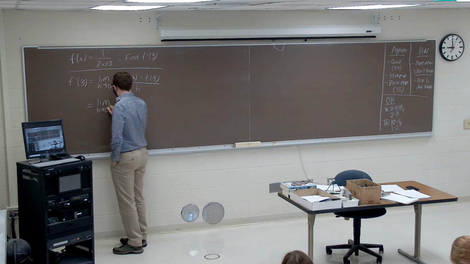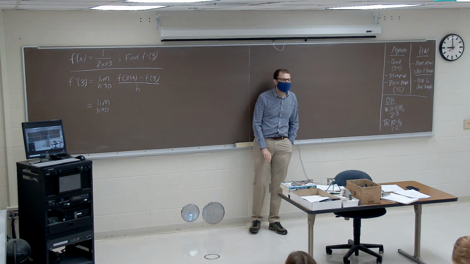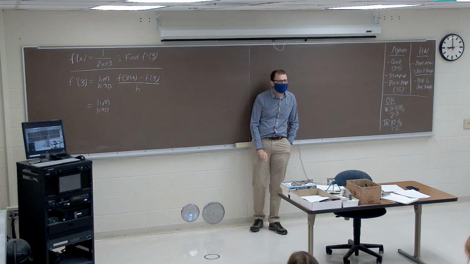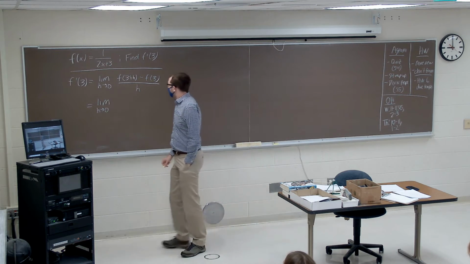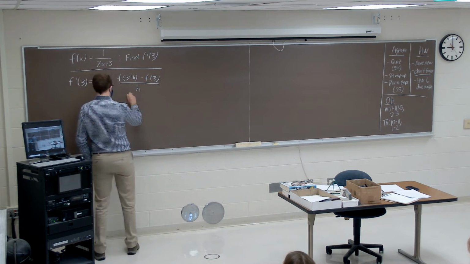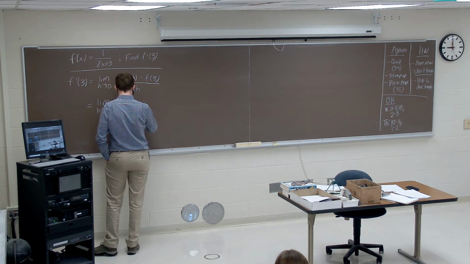And now, what is f of 3 plus h going to be? So for this particular function, would it be 1 over 6 plus 2h plus 3? Yeah, it's going to be 1 divided by the expression 2 times 3 plus h plus 3.